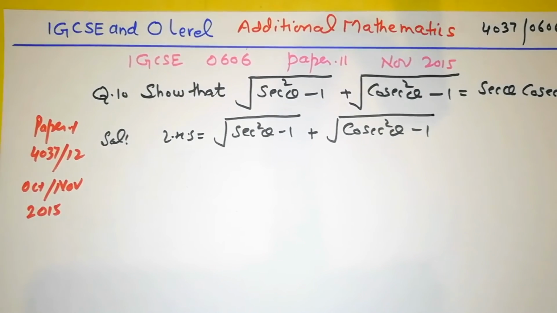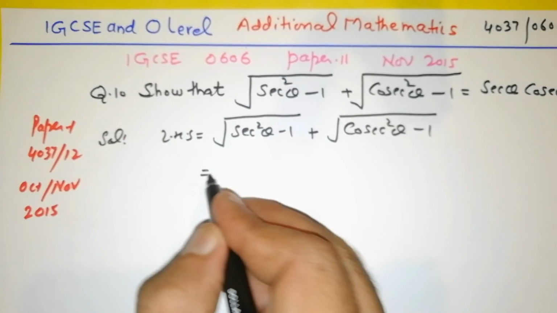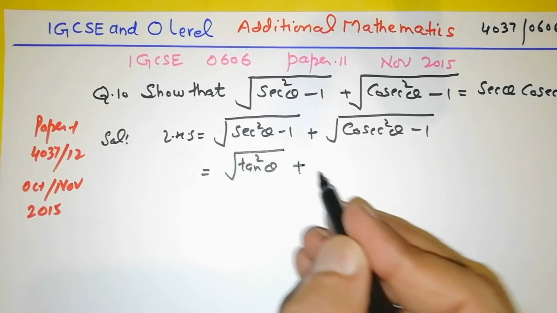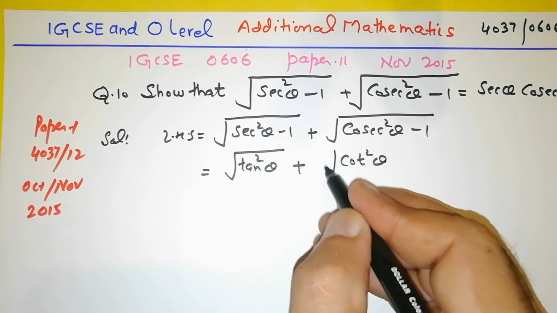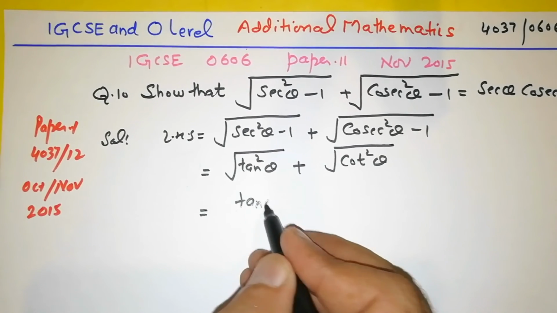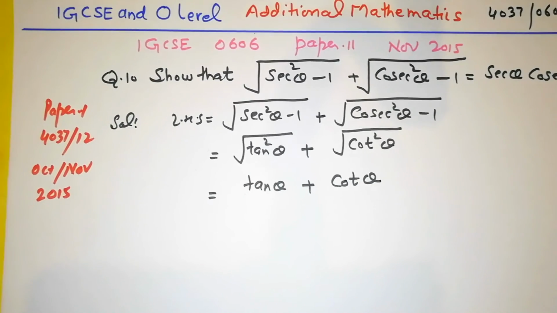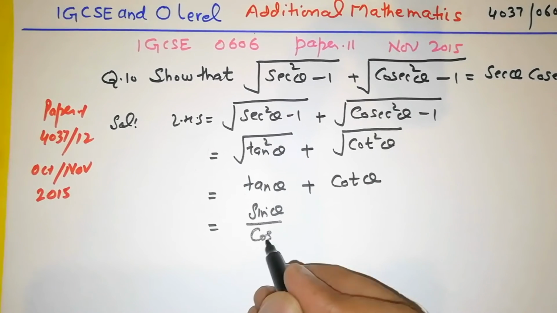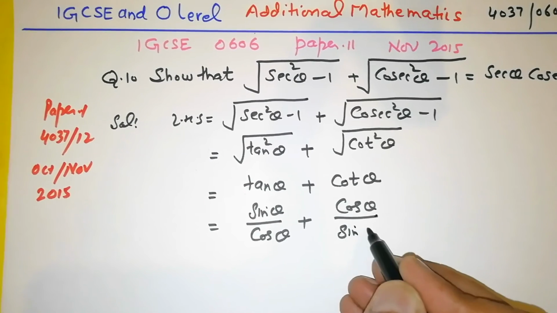Students, revise fundamental identities and you see this term is equal to tangent square theta and this is cotangent square theta, under the square root. So we have here tangent theta plus cotangent theta. Students, tangent theta can be written as, you know, sine theta divided by cos theta and cosine theta divided by sine theta.